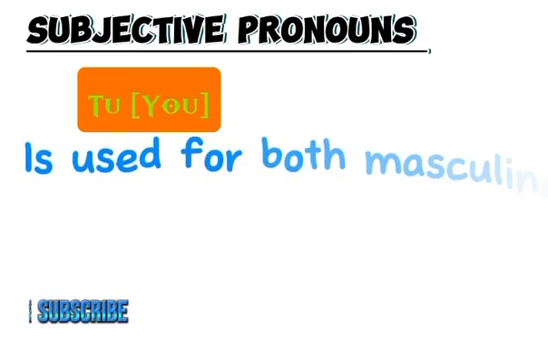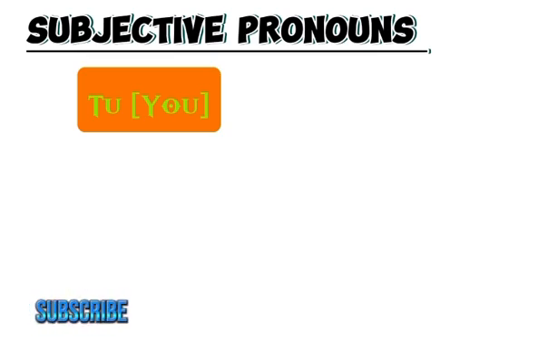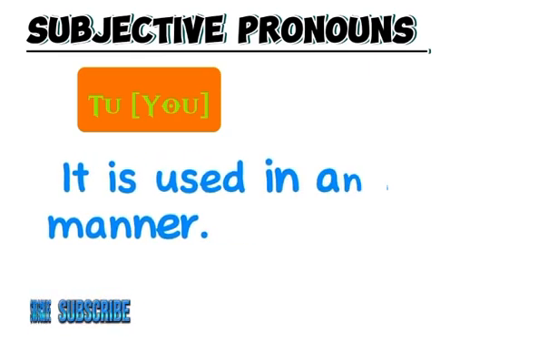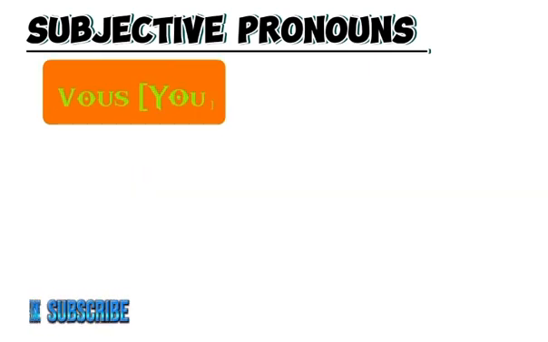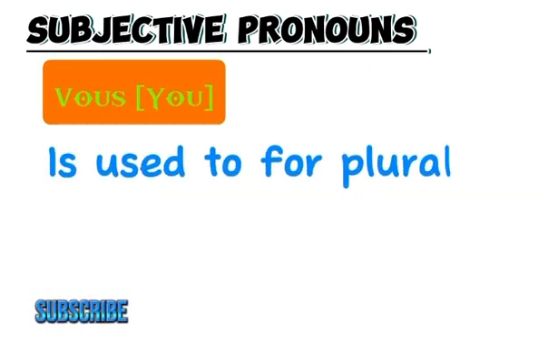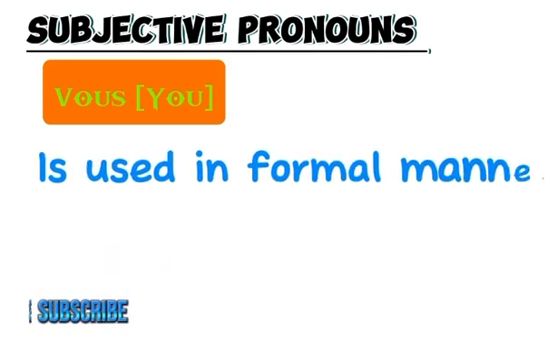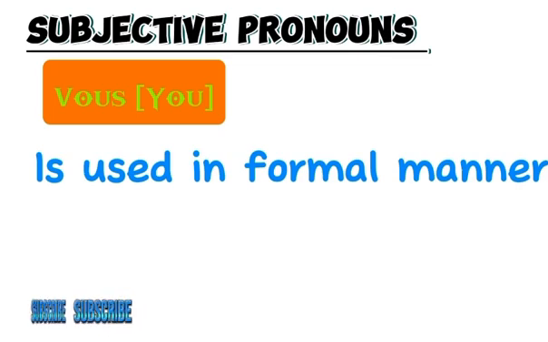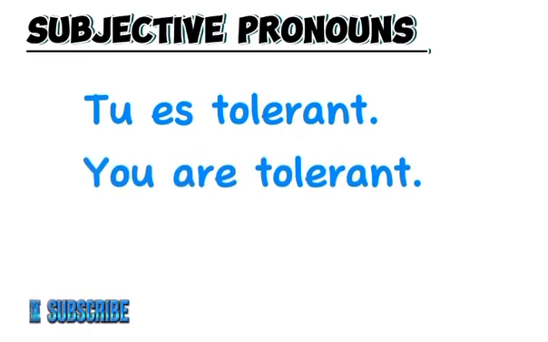Tu is used for both feminine and masculine singular nouns, and it is used only in informal manners, whilst vous is used for plural feminine or masculine nouns, and also for formal manners. For example, tu es tolérant. And this means you are tolerant.